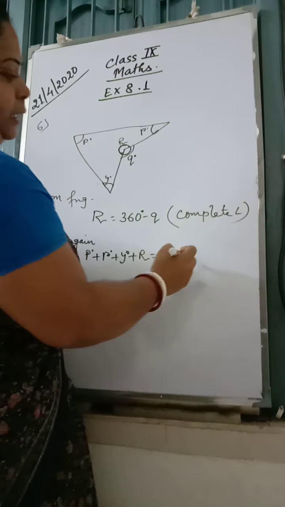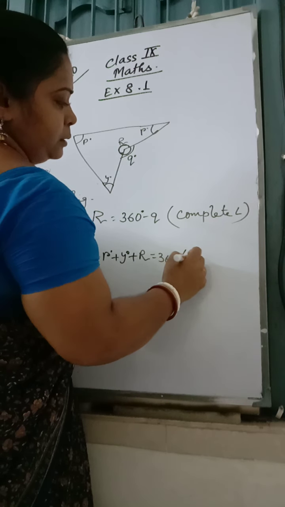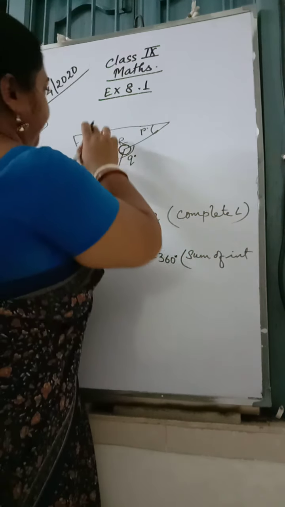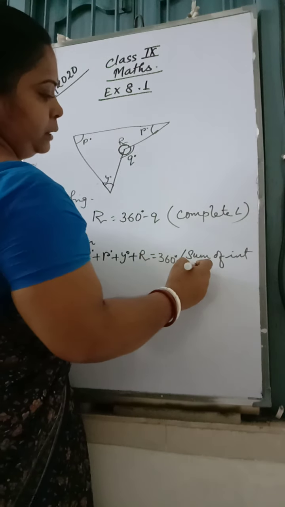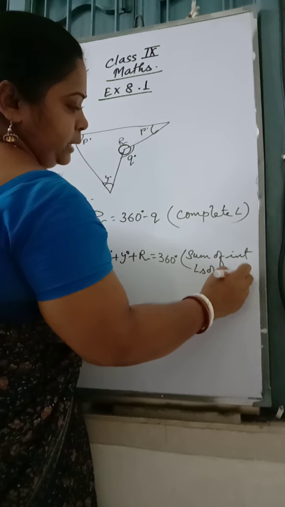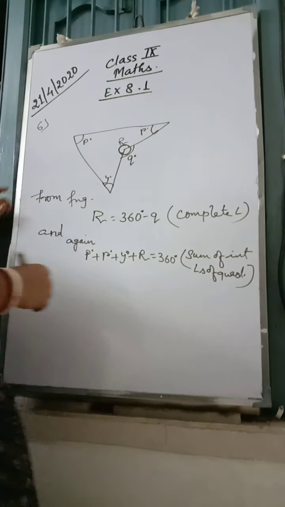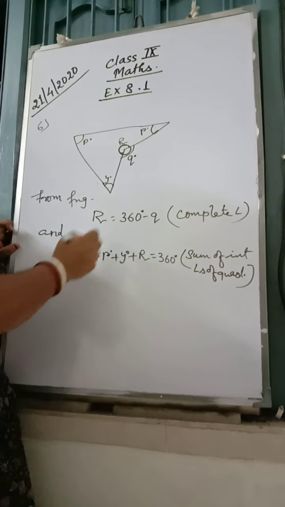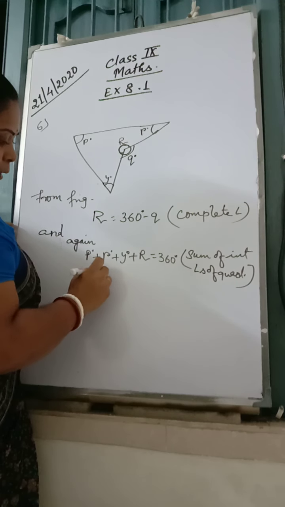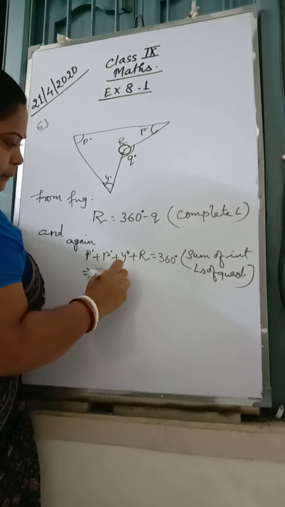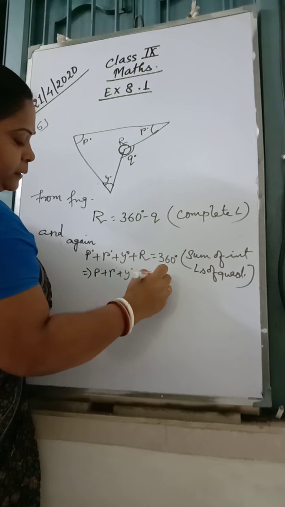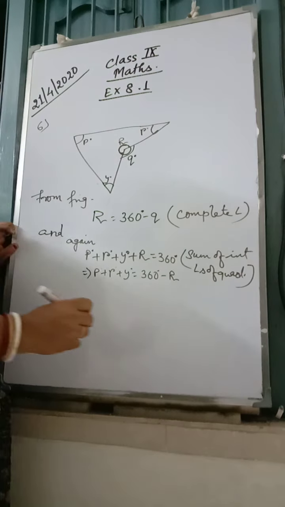Sum of the interior angles of a quadrilateral, four sides, 1, 2, 3, 4, is 360 degree. You have learned this already. Now, what do we get here? P plus r plus y is equal to 360 degree minus R.